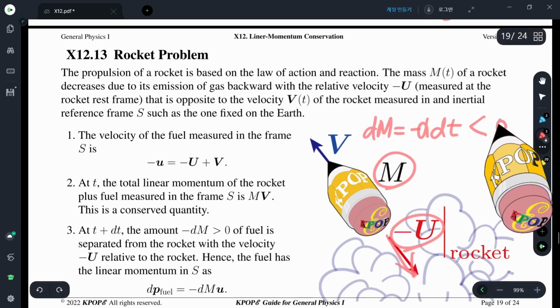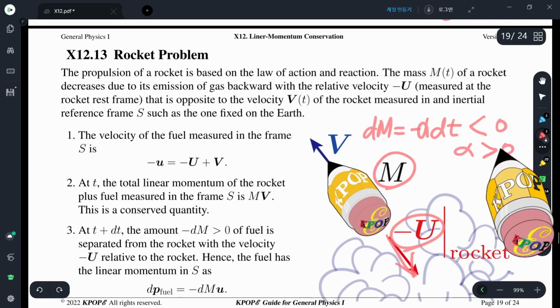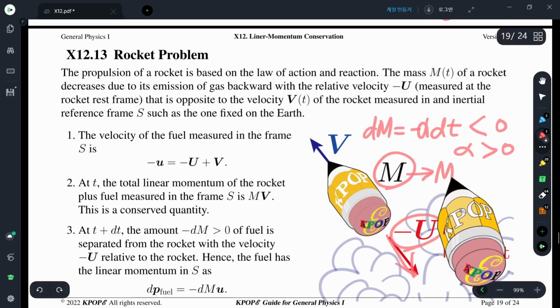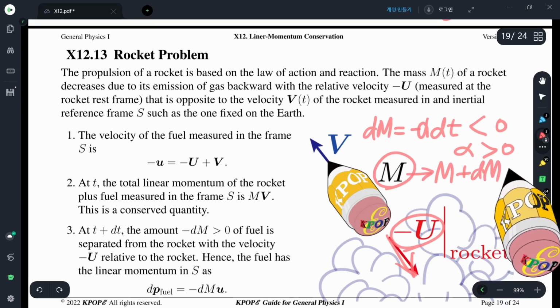This is a negative value, and alpha is positive. So it loses its mass from m to m plus dm, that is less than m.